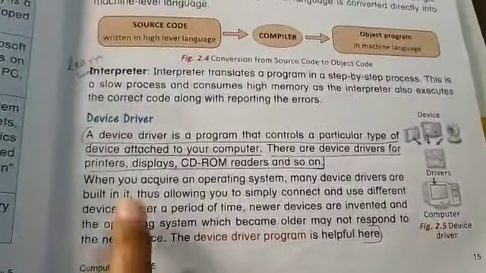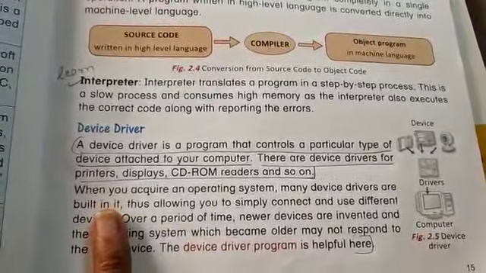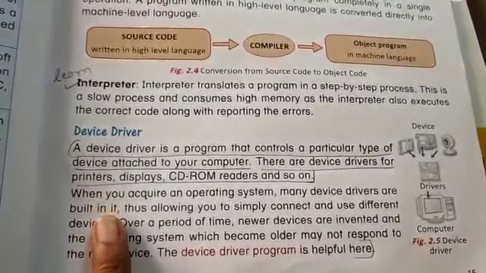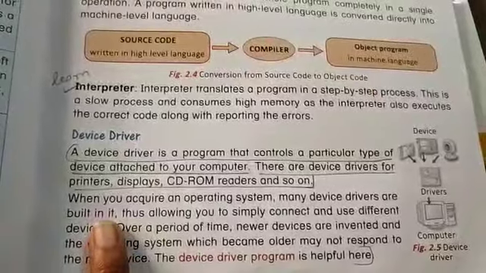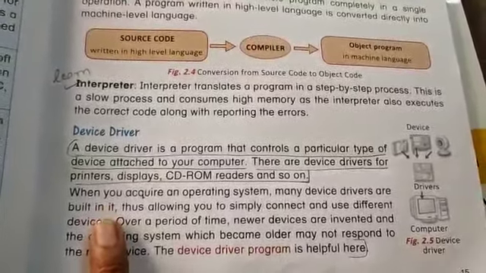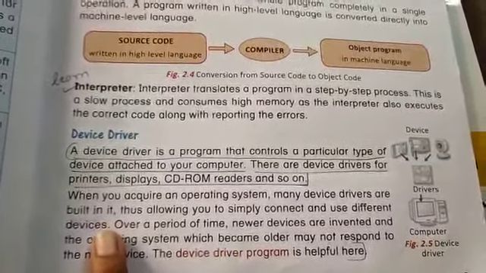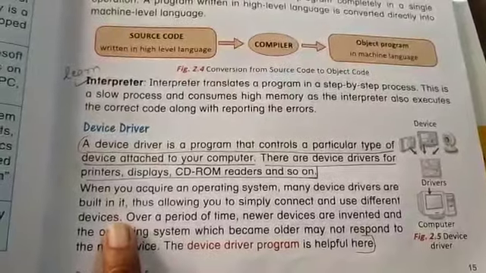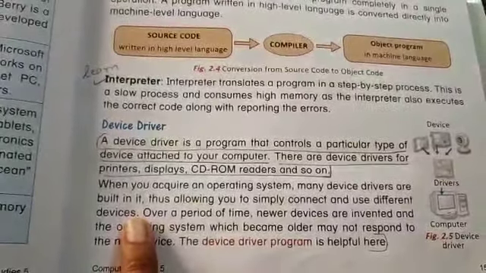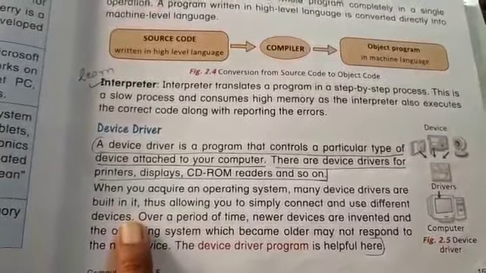So students, when you acquire an operating system, many device drivers are built in it, thus allowing you to simply connect and use different devices. Now what is it saying? That when you install an operating system in your computer, it gives many drivers but inbuilt.